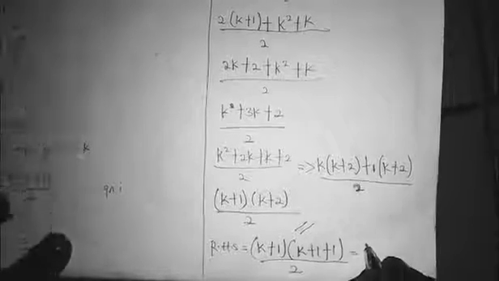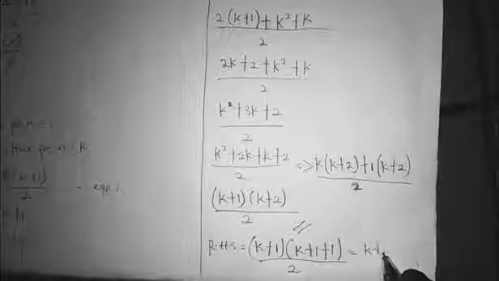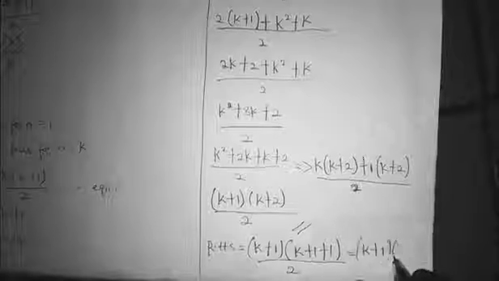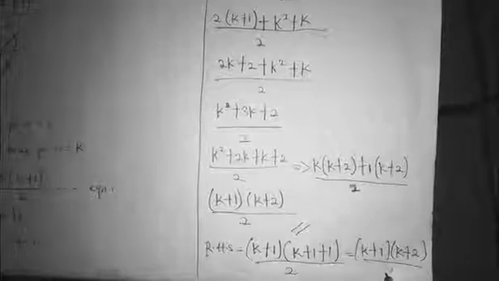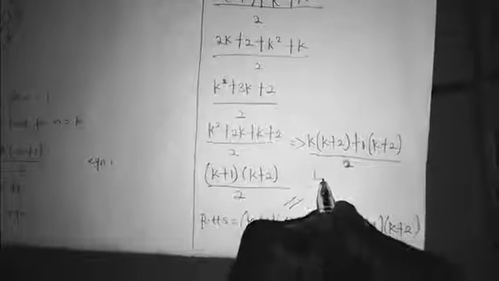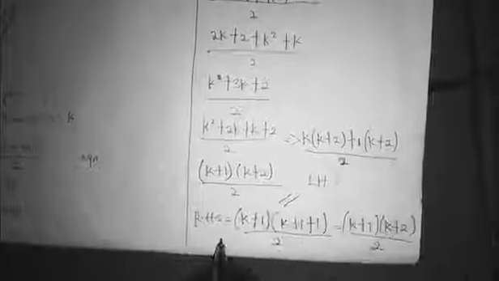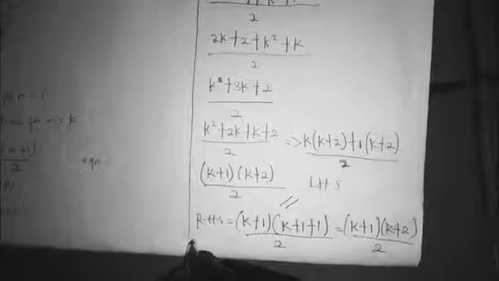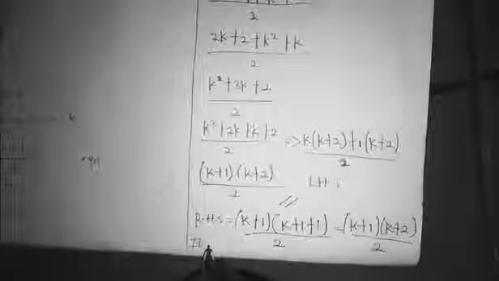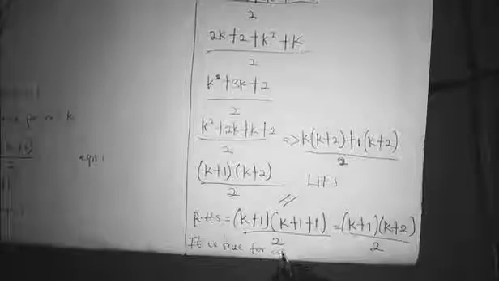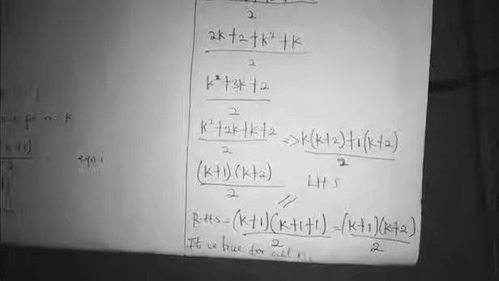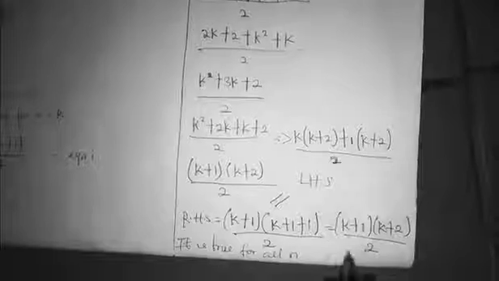And that will give us k plus 1, k plus 2 all over 2. So you can see that my left hand side is equal to my right hand side. So you now say it is true for all n, that means it is true for all natural numbers.